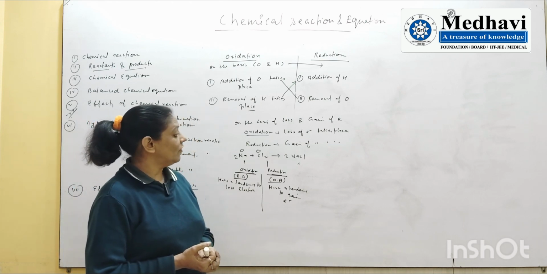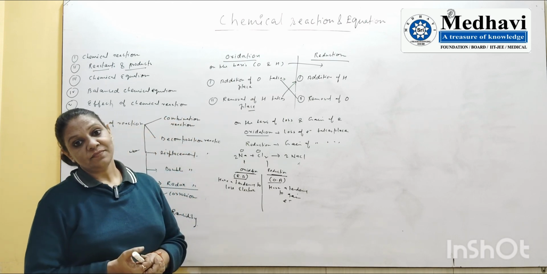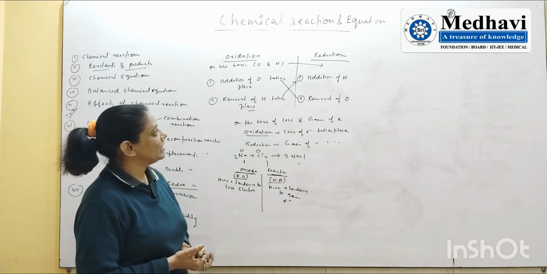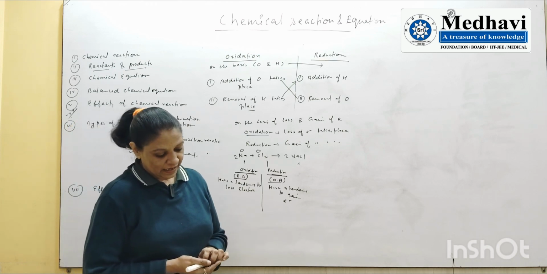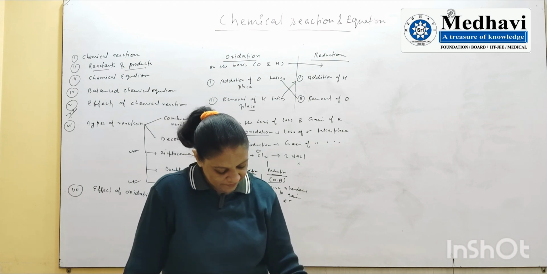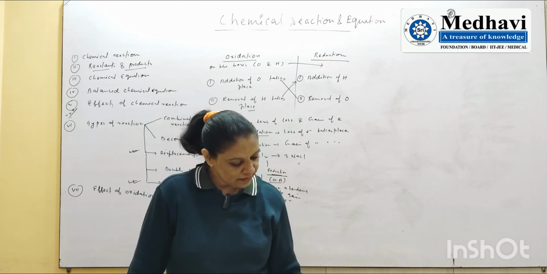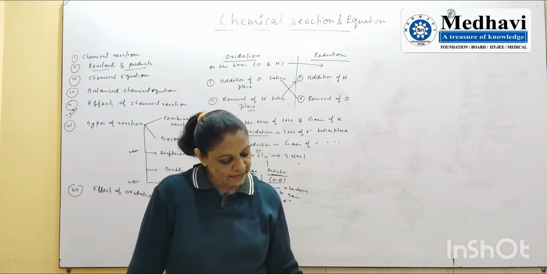So this is the information that we use in chemical reactions and equations, and a number of questions have been given in this part. For example, why should a magnesium ribbon be cleaned before burning in air?